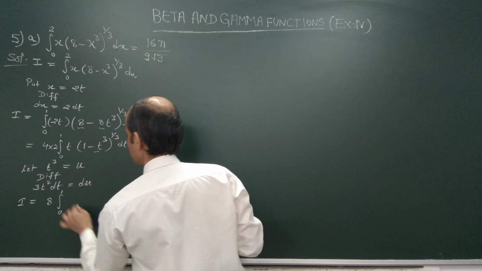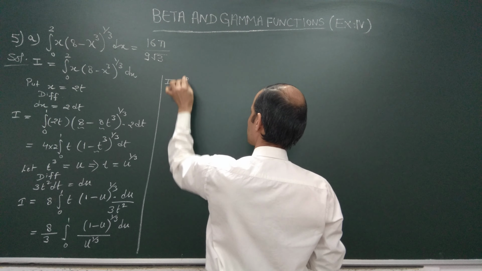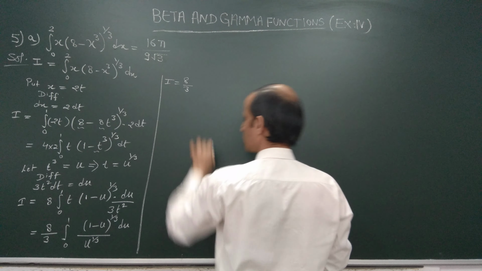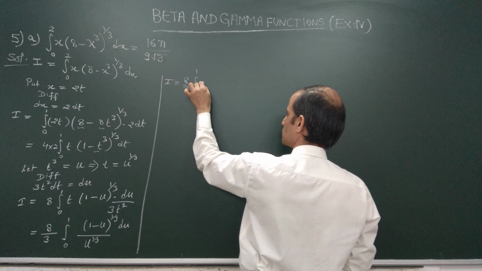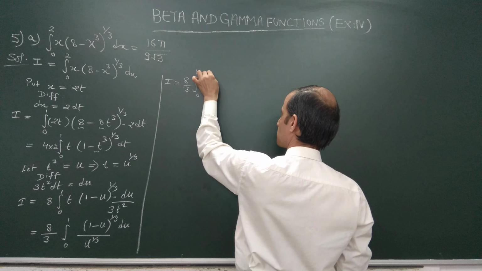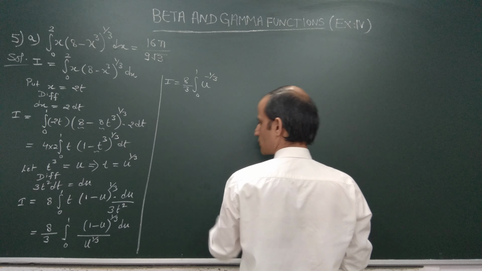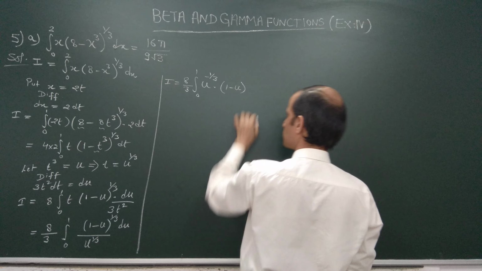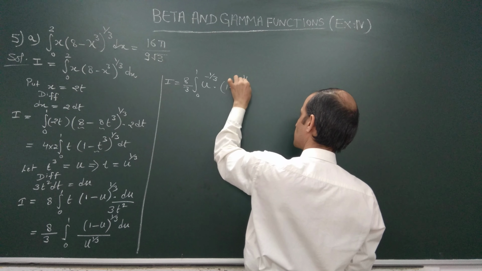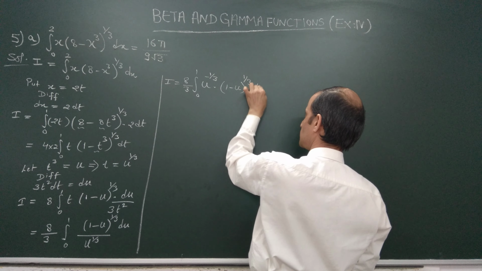So I is equal to 8 upon 3, integral from 0 to 1 of u raised to the power minus 1 upon 3 into (1 minus u) raised to the power 1 by 3 du.